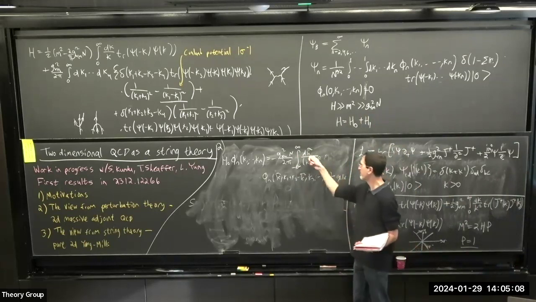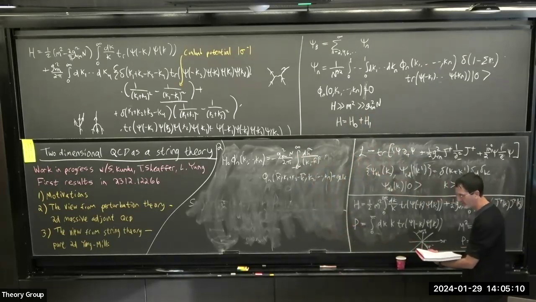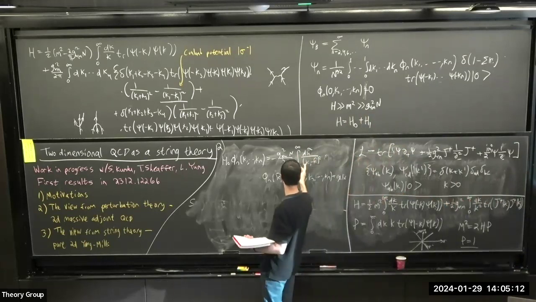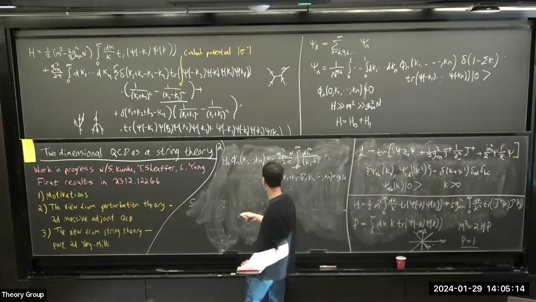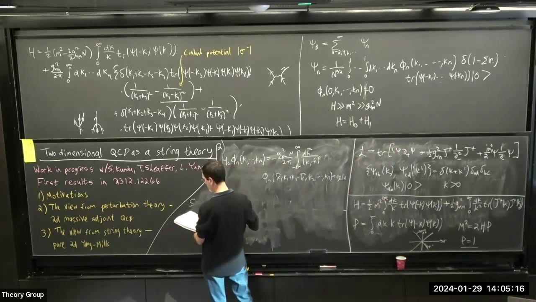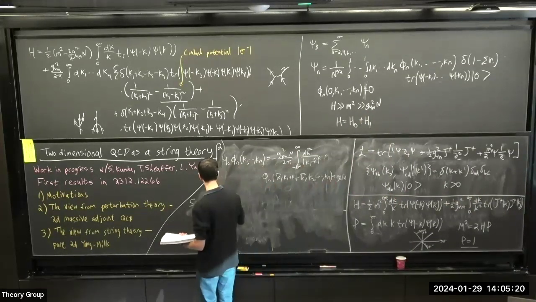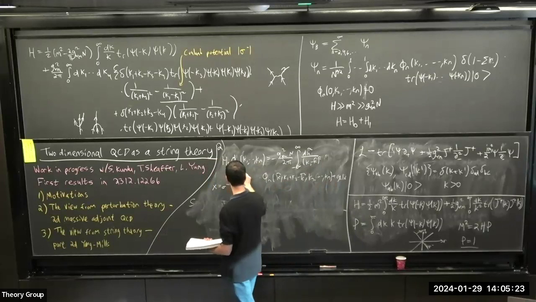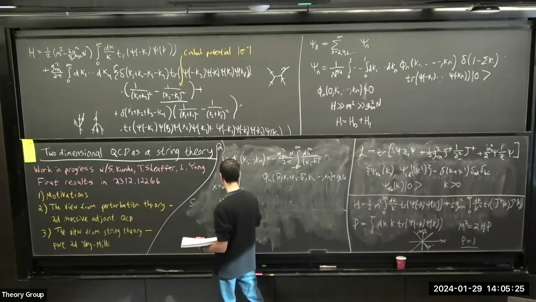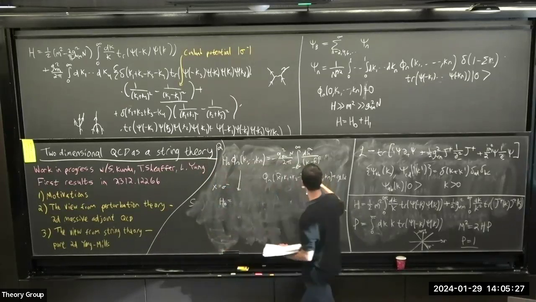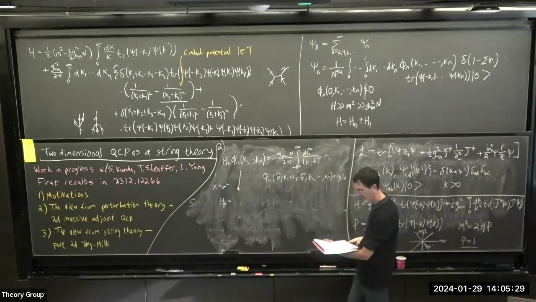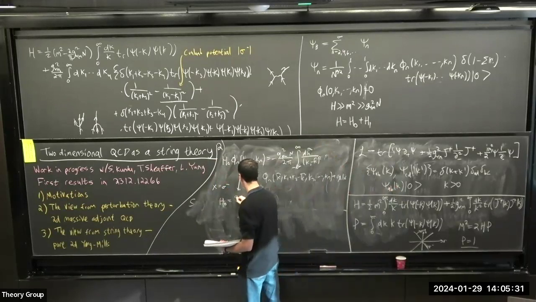Here we just have this 1 over k squared interaction, but if we do a Fourier transform back to position space, so we consider the wave functions in position space instead of momentum space, denoting the position by x, which is sigma minus, then the Fourier transform of this 1 over k squared is just the absolute value of sigma.